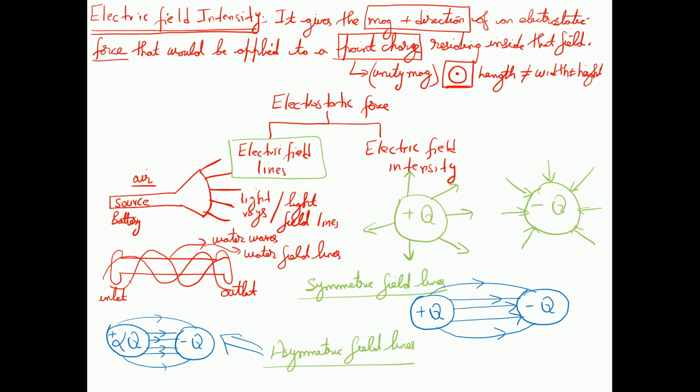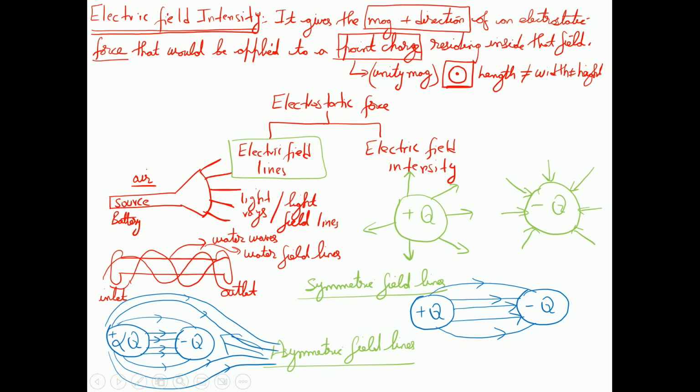But after some time, since the magnitude of the positive Q charge is more than the negative Q, some field lines might bypass these charges. So the field lines might bypass these points, and this becomes a non-symmetrical field line distribution. So this is how the electric field lines are.